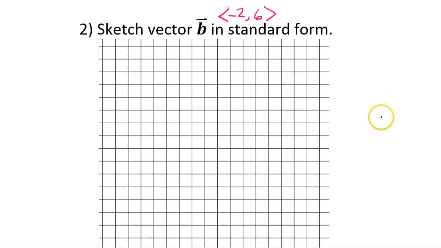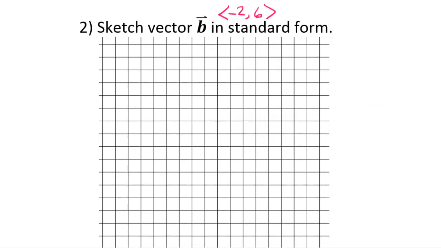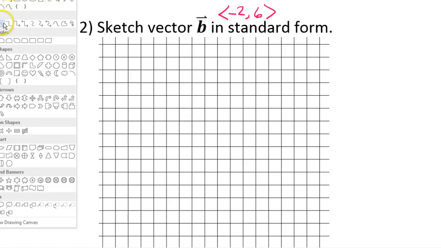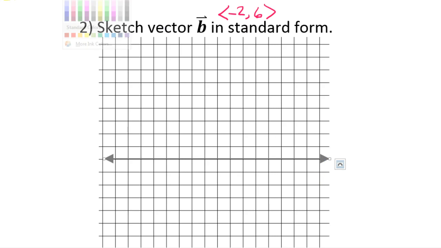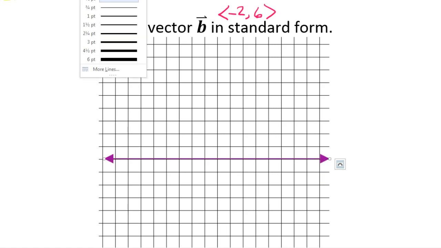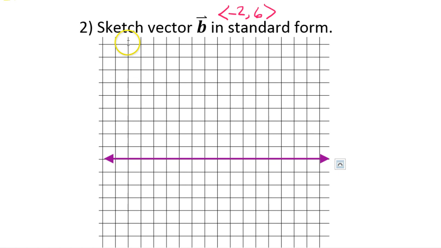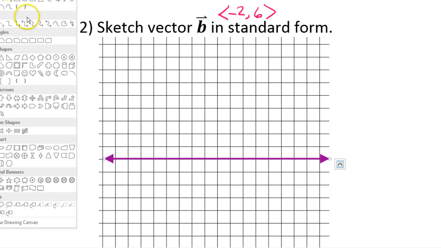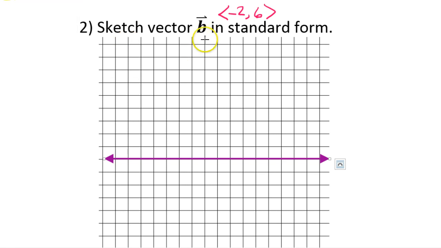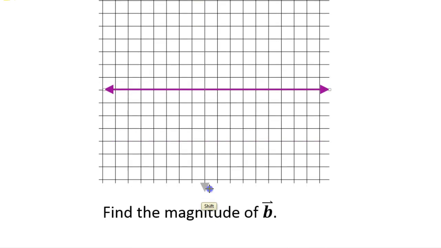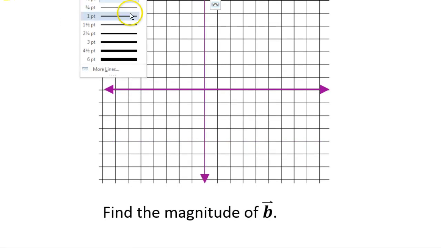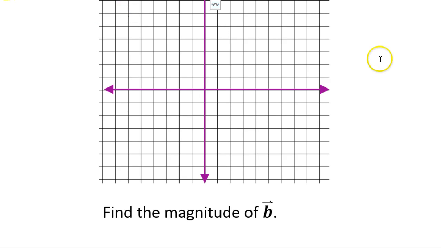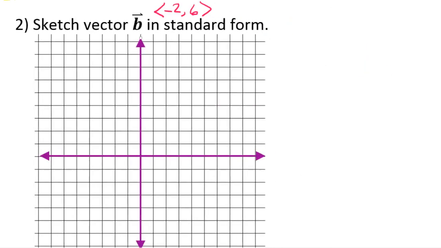So again, if I want a standard form, I'm going to need an x and y axis. Okay, so there's my x and y axis.